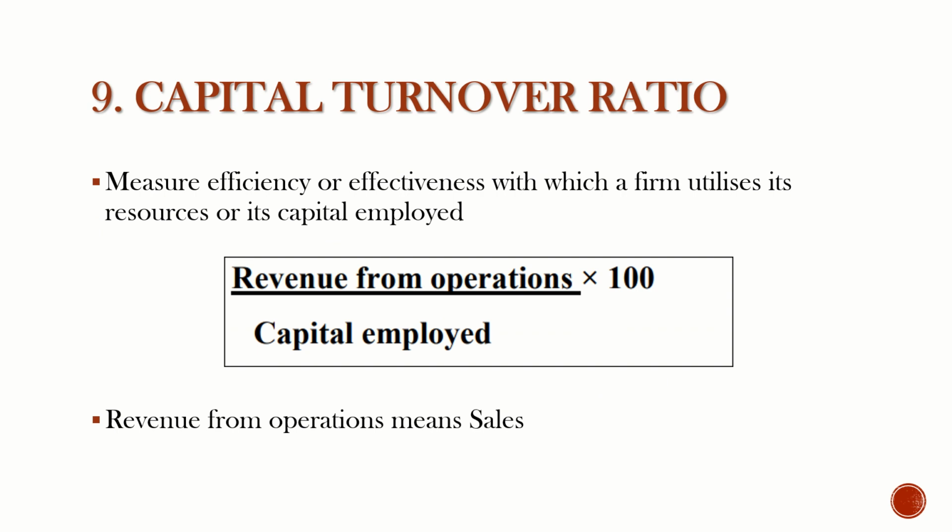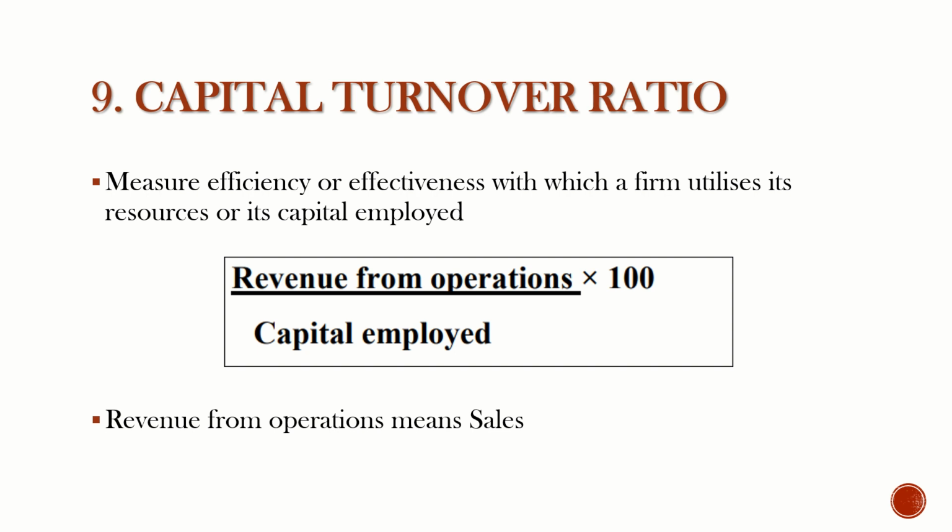And the ninth and the last ratio, which comes under the overall profitability ratio, is capital turnover ratio. So this shows the relationship between the revenue from operations as well as the capital employed. So it can be calculated to measure the efficiency or effectiveness with which a firm utilizes its resources or its capital employed.